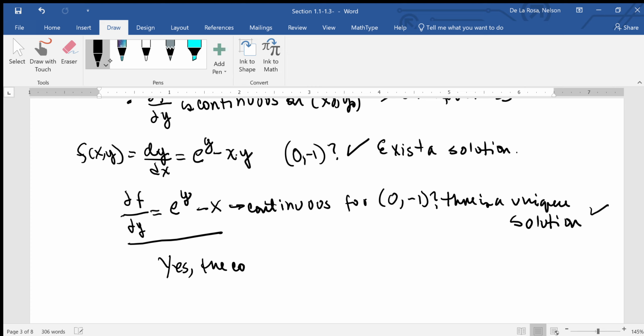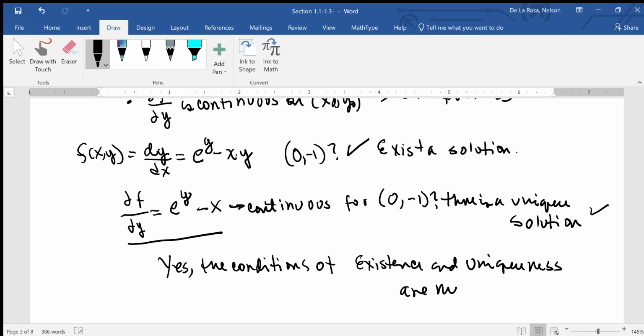The conditions of existence and uniqueness are met. Okay, remember, if the conditions are not met, you cannot say anything.